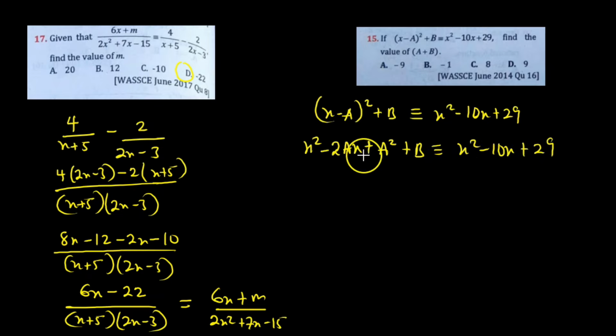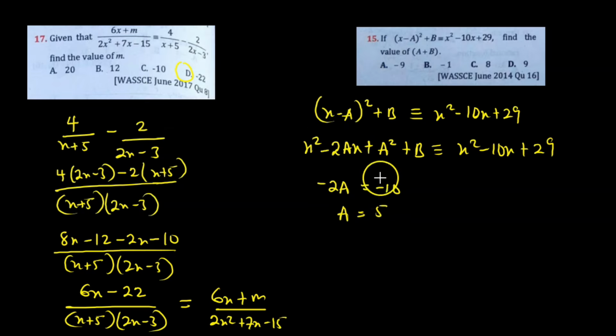In this case, we compare the coefficient of x because we are asked to find a and b. We don't need the coefficient of x squared because they are the same. So the coefficient of x gives me negative 2a on the left hand side, and that will be equivalent to negative 10 on the right hand side. Solving for a, dividing through by negative 2, will give me 5.